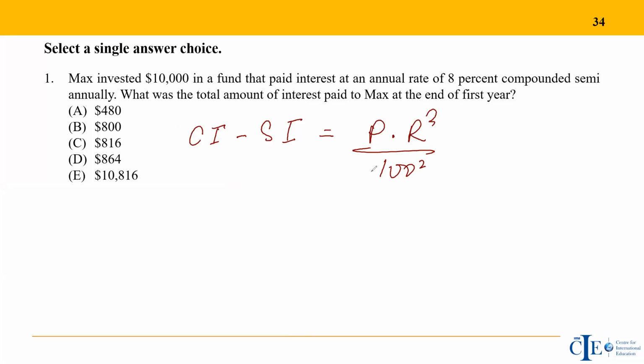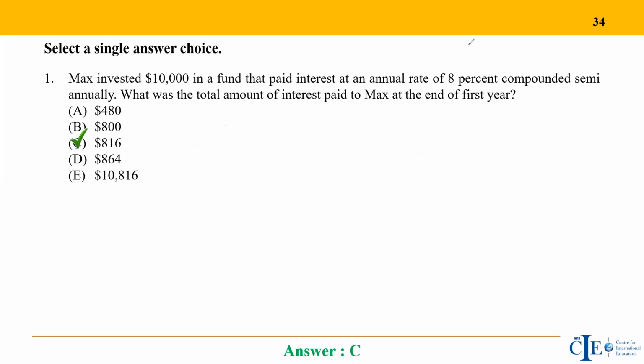So for a 2 years period, if they ask you what is the difference between the simple interest and the compound interest paid by a person who had borrowed a certain principal at R% rate, then this difference is directly given as P into R square over 100 square. This is the difference of the simple and compound case. Let's go to the next question. So 816.